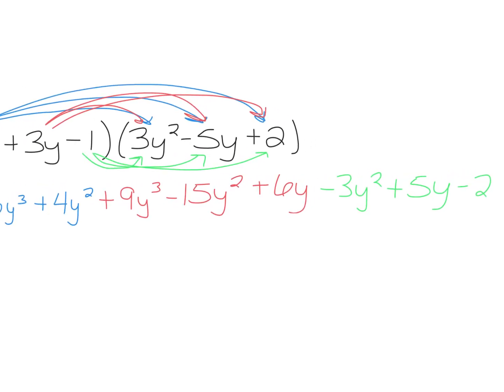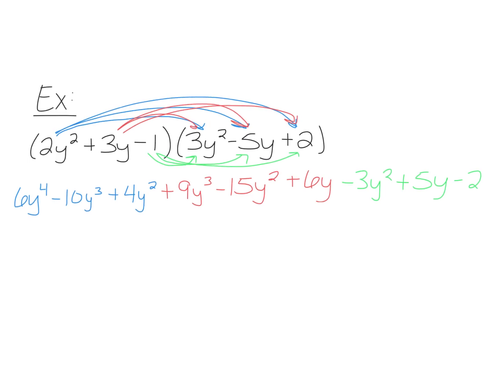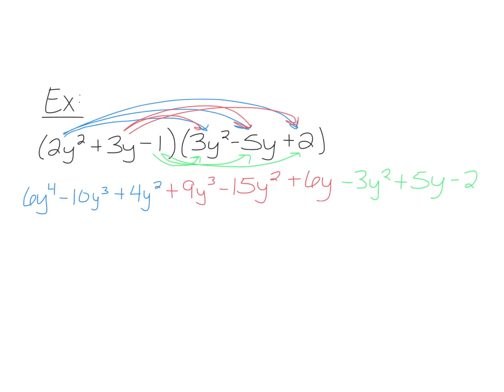Okay, from here, what do we have to start doing? Combining like terms. Start with your highest degree. What's our highest degree? 4. Remember, look for our exponents. Does it have a like term? Nope. And then our next highest degree is 3. Find all of the cubed. What do we get when we combine those? Yep, negative y cubed. Now look at squared.